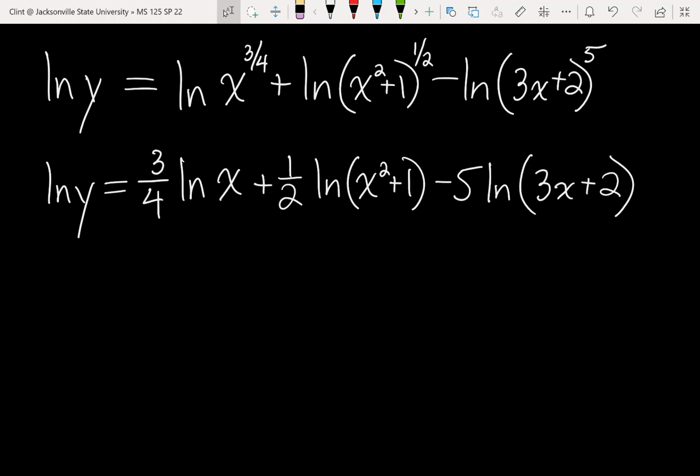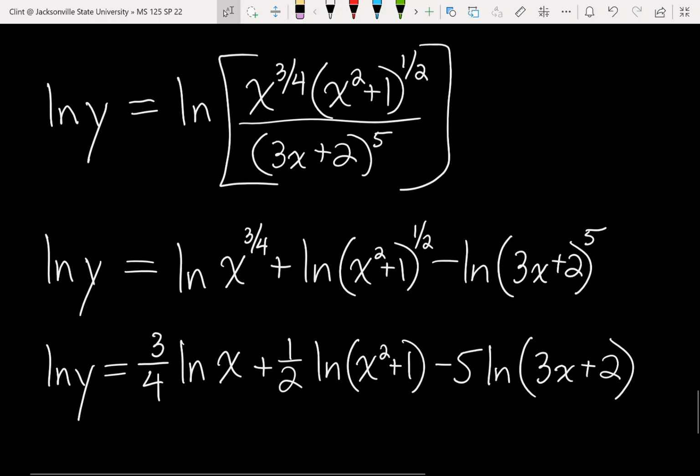Now taking the derivative is much nicer than having to deal with product rule and quotient rule all together.